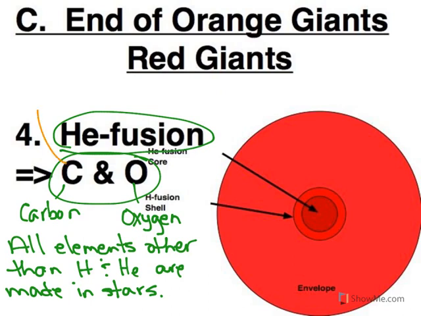The carbon, where do we use carbon? Carbon's in our DNA. We are carbon-based life forms. Oxygen, of course, we breathe oxygen. So the oxygen you're breathing, the carbon in your DNA, at one time was inside of a star. That's how it was made.